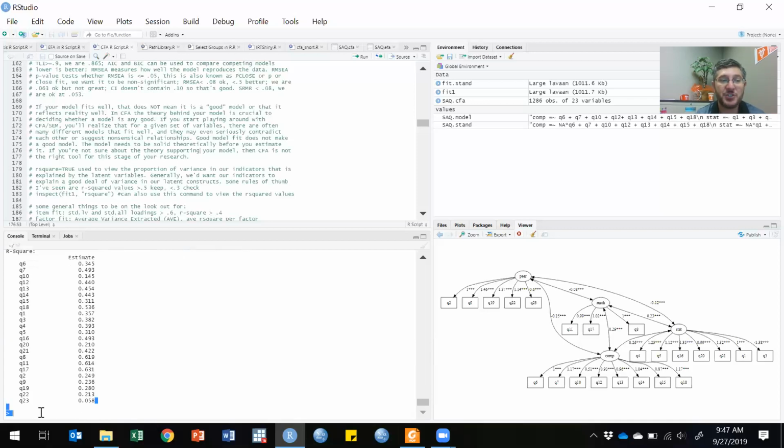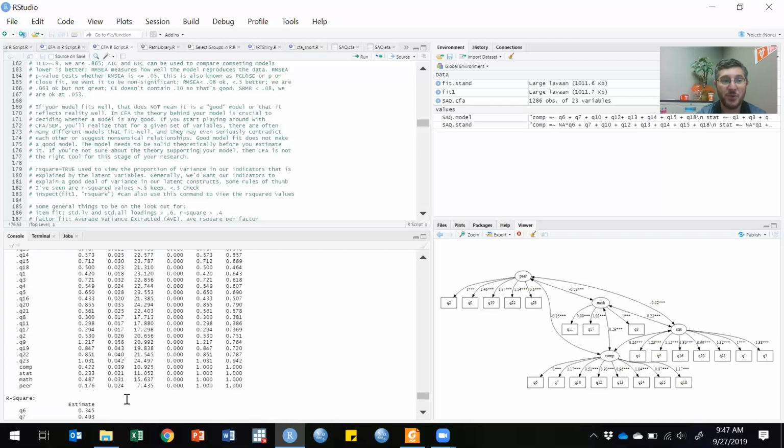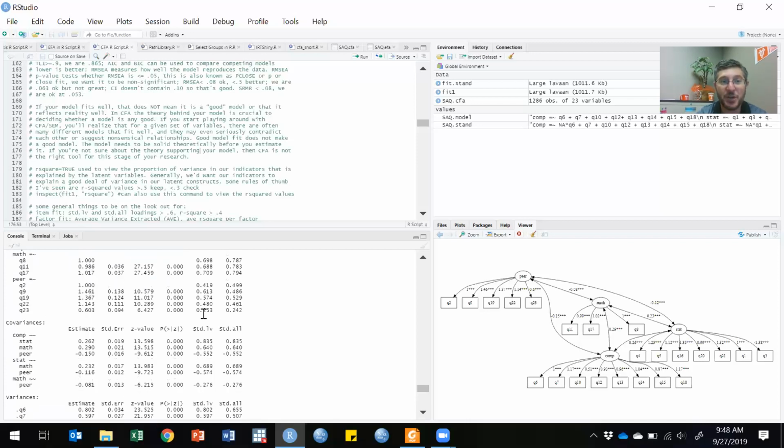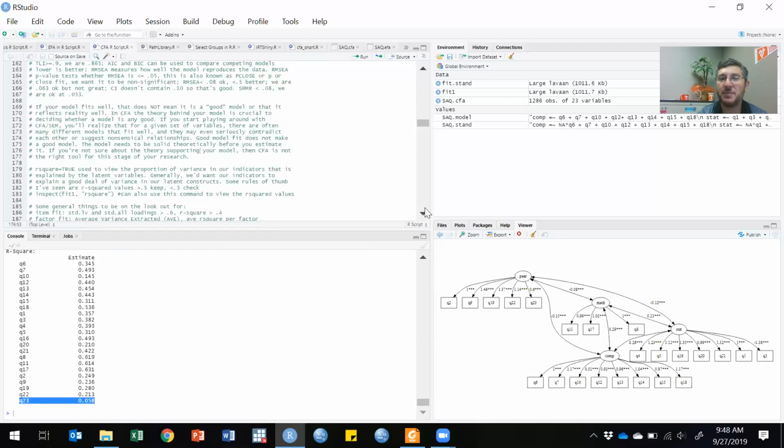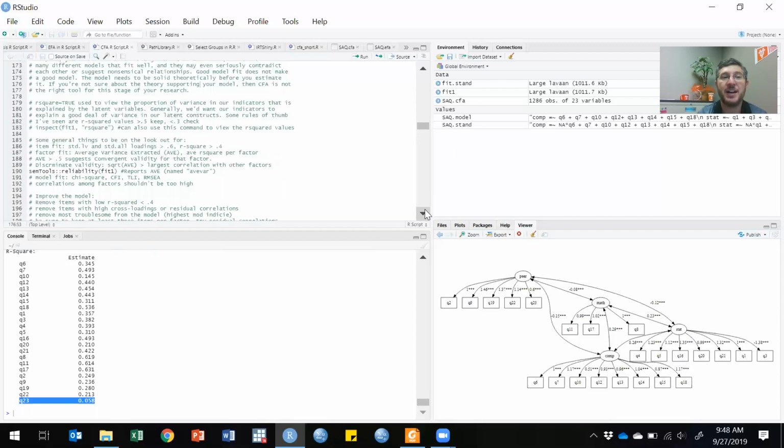Look at question 23 here. Only about 6% of the variance in that indicator is being explained by the latent construct. Sorry, I got that backwards. Maybe that latent variable isn't what's really manifesting this observed variable. Remember, it had a pretty weak factor loading there too. So maybe that's something we want to keep an eye on.